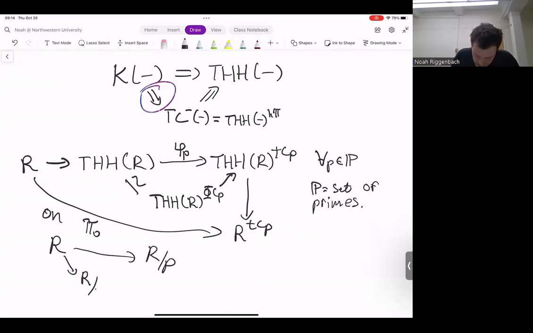And what is this map? Well, first it's modding out by p, so mod p. And then it's the pth power map. So it's a composition of these two maps. So this is one of several reasons why we call it the Frobenius map. Okay.